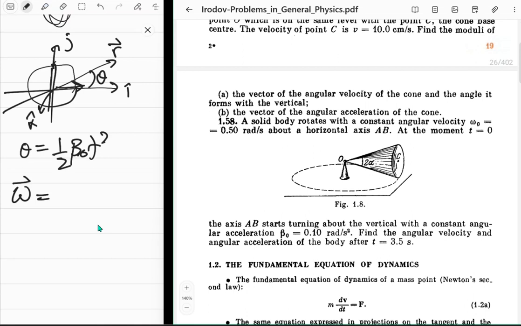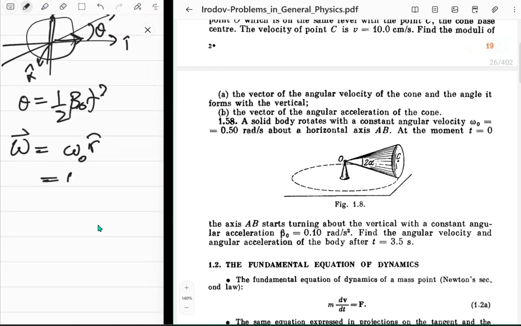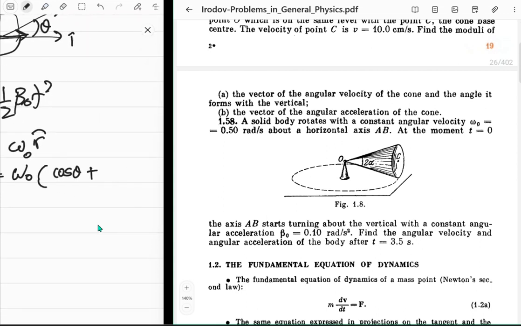So your omega vector will be omega naught times r hat. Cool. Which is just omega naught cosine theta i hat plus sine theta j hat.